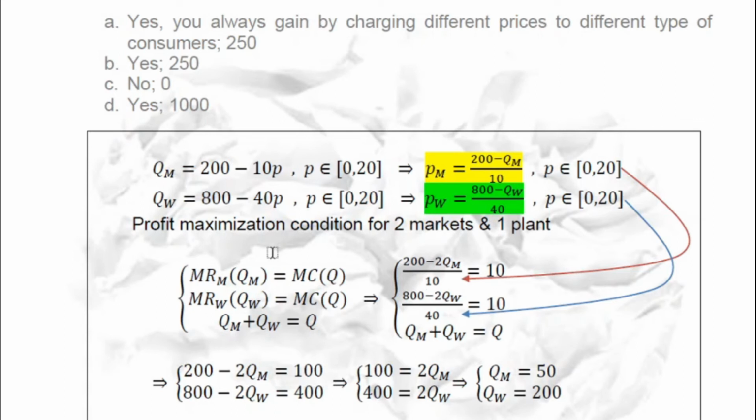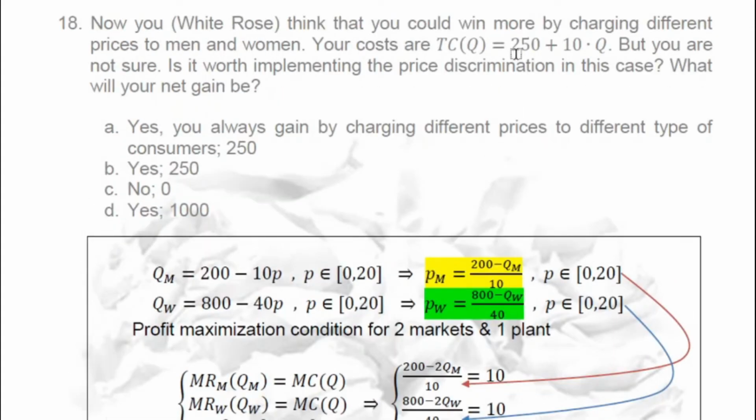Now, marginal revenue for men: we isolate PM, so we get the inverse demand function for men, and then we apply this trick with the double coefficient for Q. We equalize it to 10 because the costs were 250 plus 10Q, so marginal cost is 10.